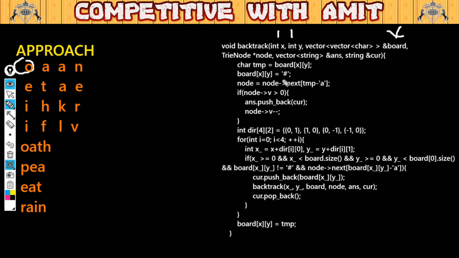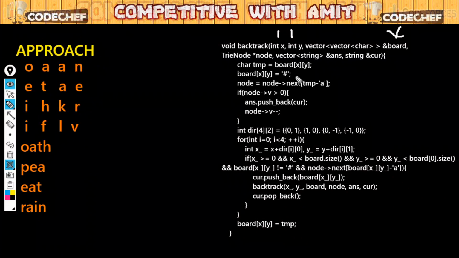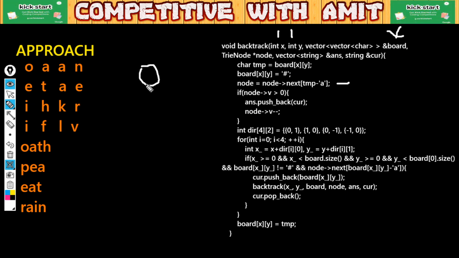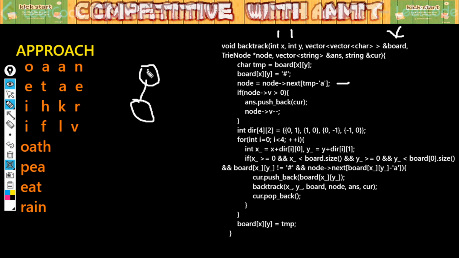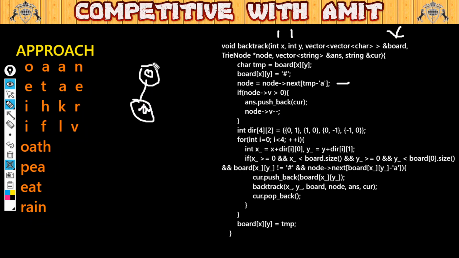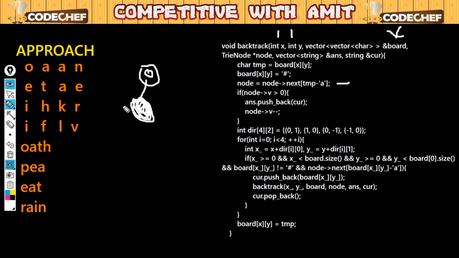So we'll convert the character to hash. After that, I have initialized node as the next of temp. In the Trie data structure, suppose here we have O, here we have A. I have traversed this O, so now our node will point to this A. So we are now on A.